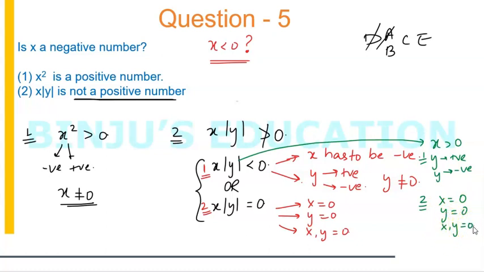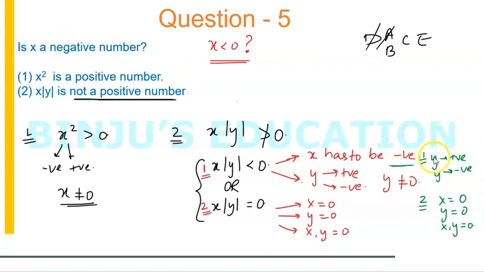Just one slight change: instead of x has to be negative, I got the conclusion that x is positive. Let's say for some other question, the question is still, is x a negative number? So my question is, is it possible for us to give a conclusive answer from the second statement alone? Try to think about this and let me know in the comment box.